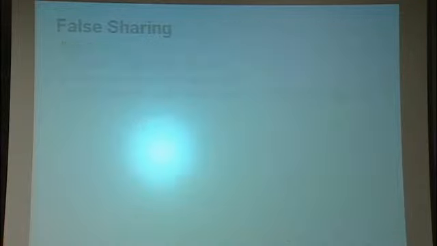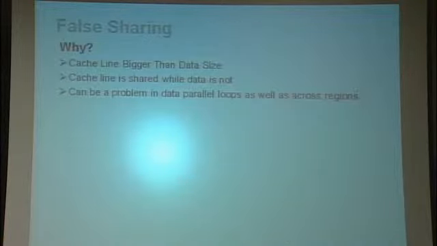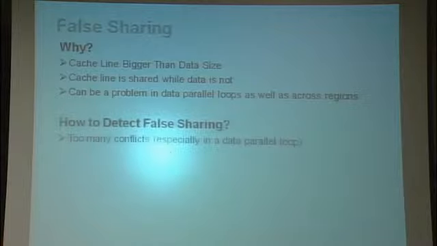So basically the cache line is bigger than the data size, or there's overlap, and the cache line is shared when the data is not shared. So how do you detect false sharing? Again, too many conflicts. You assume there's nice parallelism, but suddenly you don't have speedup, and you have a lot of conflicts here, even though there's not supposed to be any sharing.